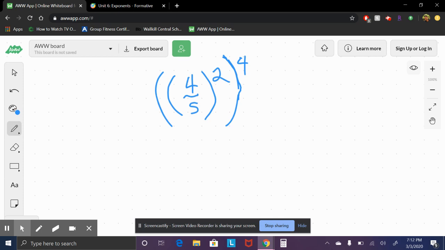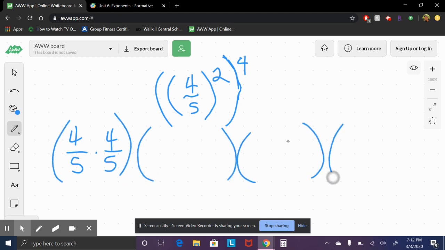First, writing out expanded form, it's 2 of those, 4 fifths, 4 fifths. And then there's 4 of these. So 4 fifths, 4 fifths.